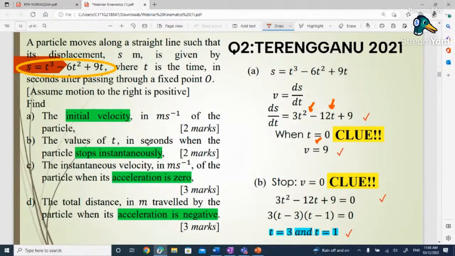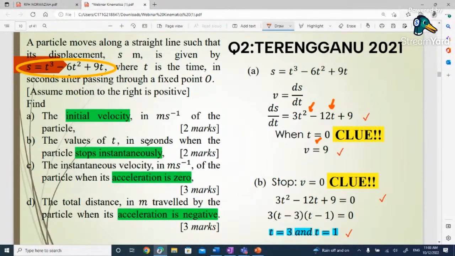Then we will get, this is factorization. Okay, something to remind you about. Kalau kita nak factorize, you have to remember, okay, this line is very important. So let's say you factorize, if you use your calculator, calculator akan tunjuk 3 and 1.